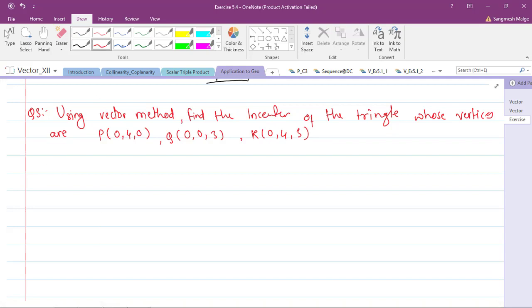Okay, we have to find out the incenter of this triangle PQR.